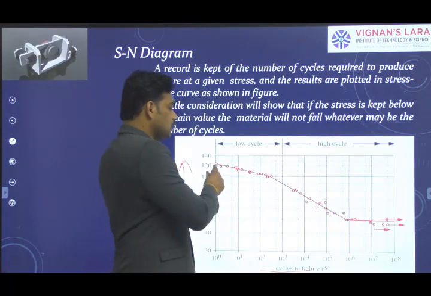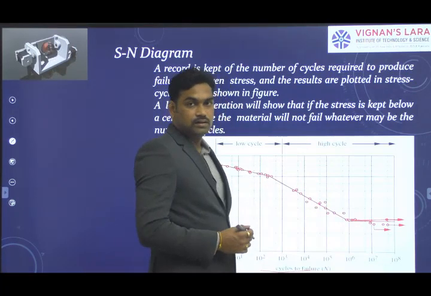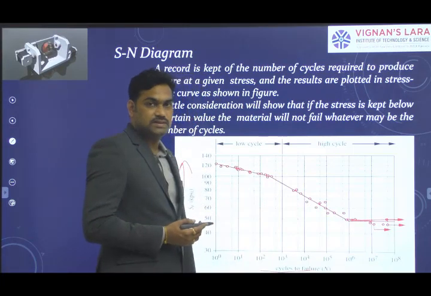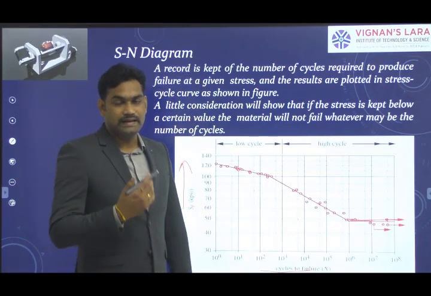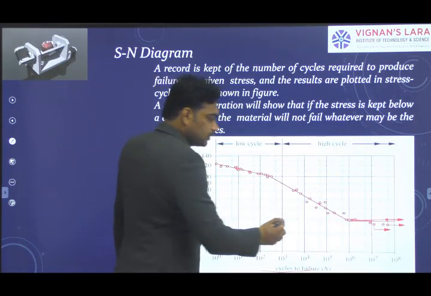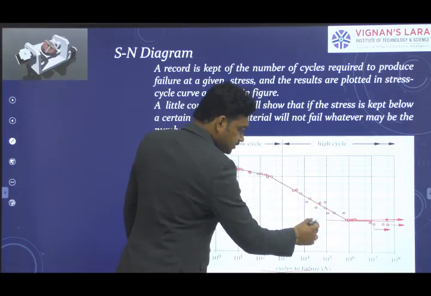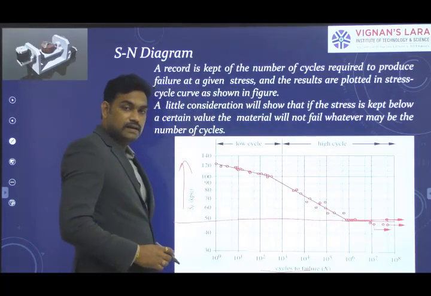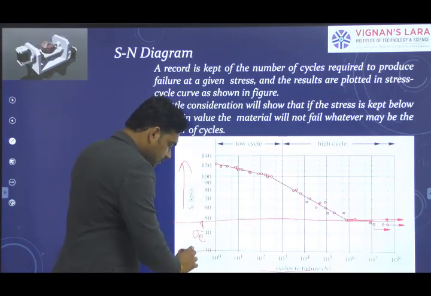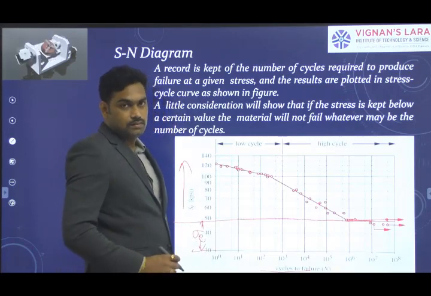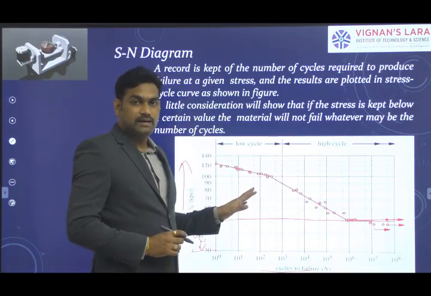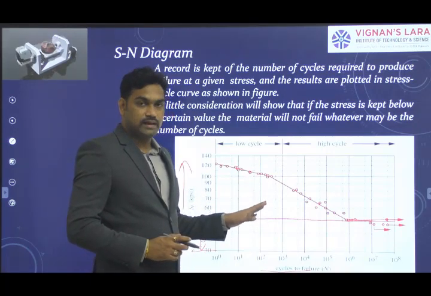The value corresponding to 10 power 6 number of cycles we take as the endurance strength of this particular material. Clear?